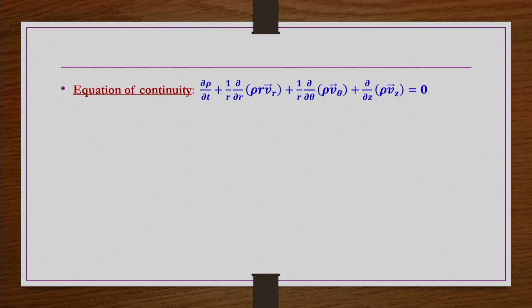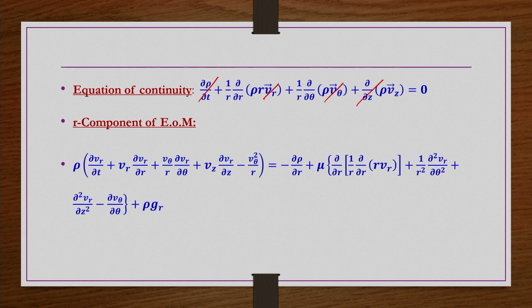First we write the continuity equation in cylindrical coordinates, then we have steady state, so this term is 0, Vr is not existing, V theta is not existing, and then fully developed flow, so dou by dou Z of anything is 0. So, continuity is satisfied. The R component of the equation of motion is given here.